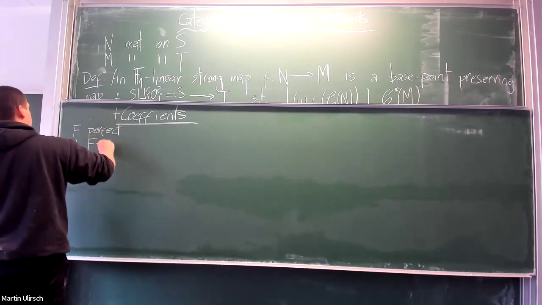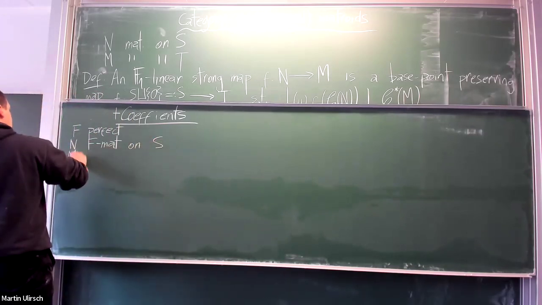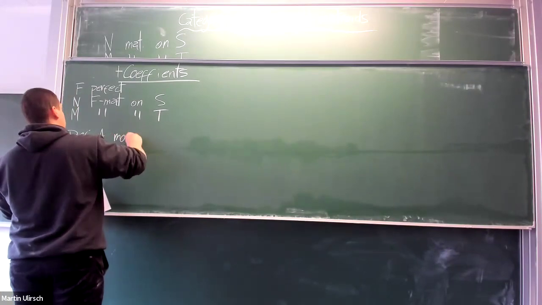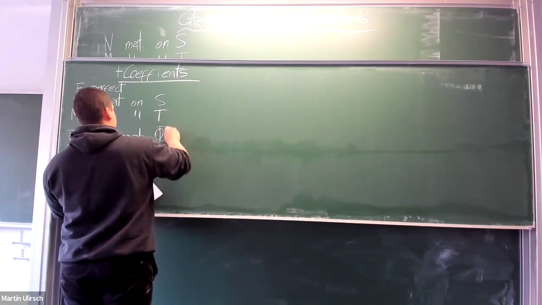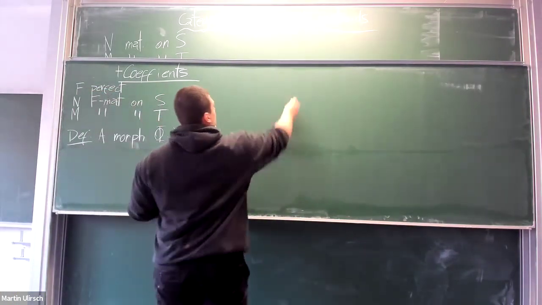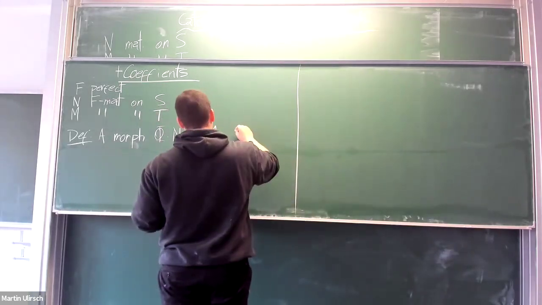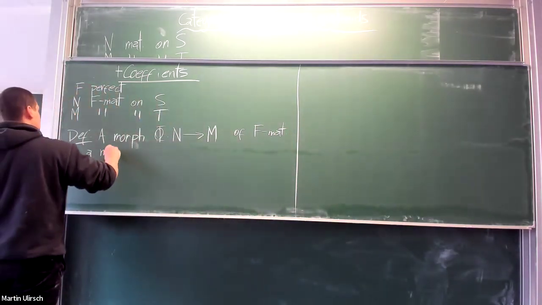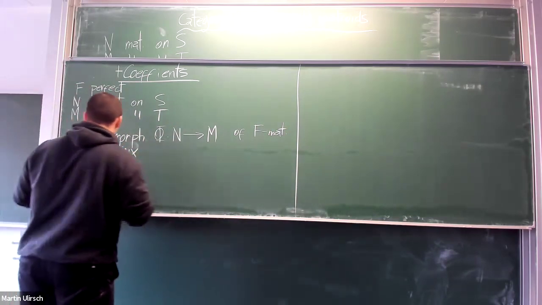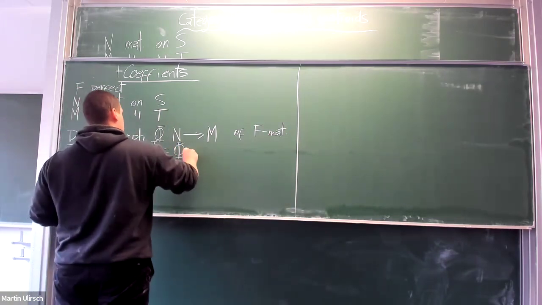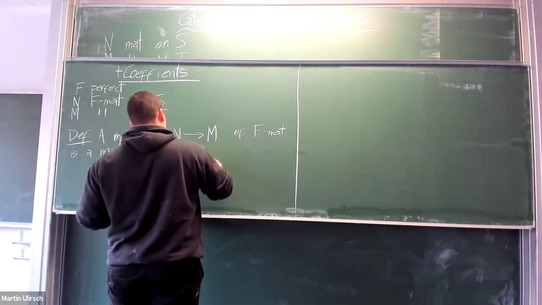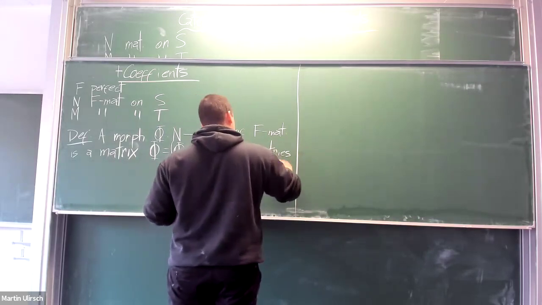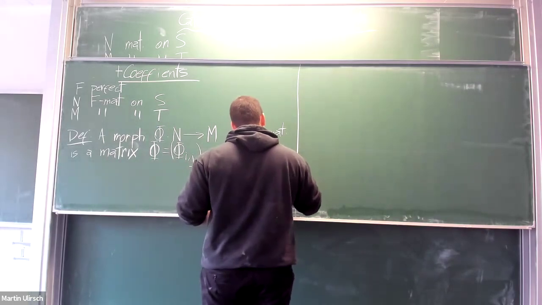Again, now matroids on a finite set S and the same on a finite set T. Definition: a morphism from N to M is a matrix indexed by this set, T times S, with entries in F, and here I want this set with 0 again.